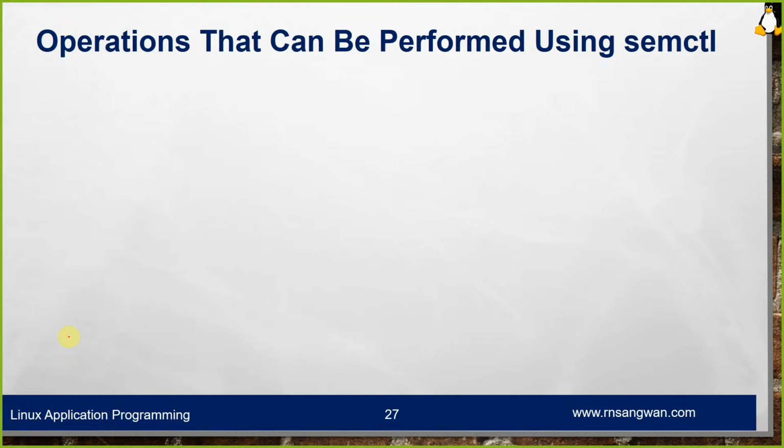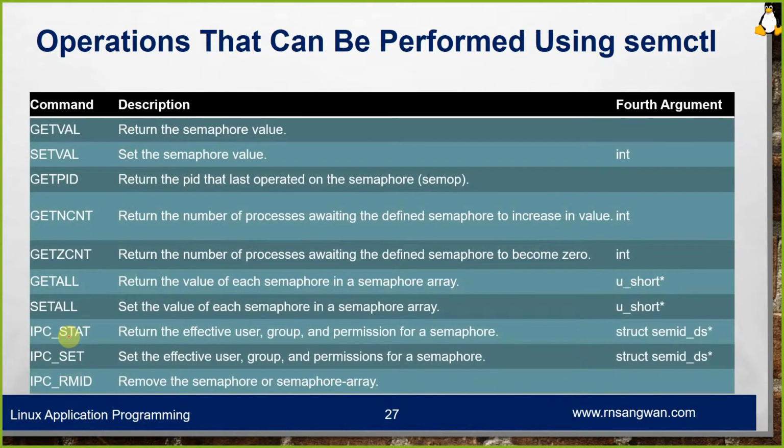Operations that can be performed using semctl. These are the possible operations: get value, return the semaphore value; set value, set the semaphore value; get PID, PID of the process; get count, number of processes awaiting the defined semaphore to increase in value.